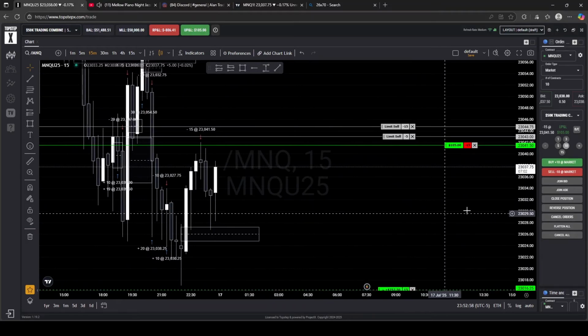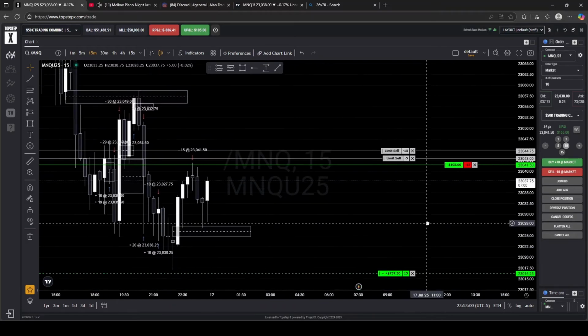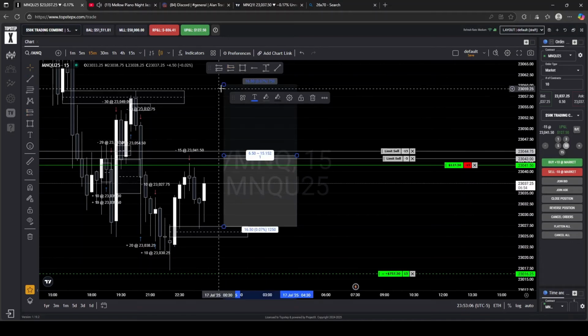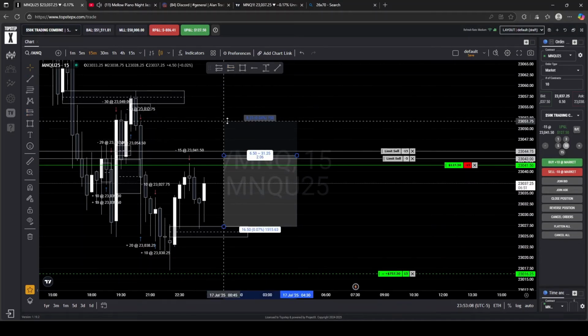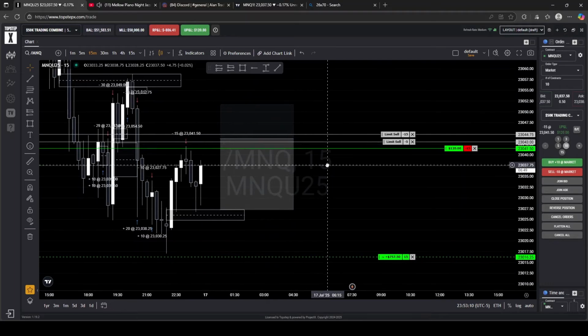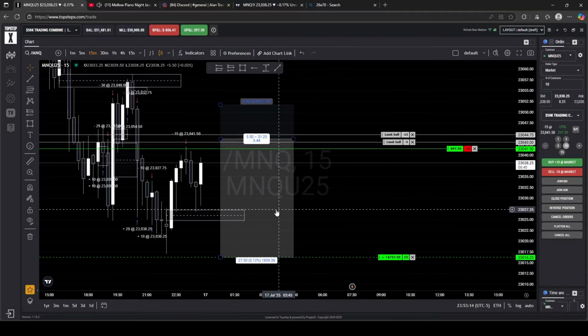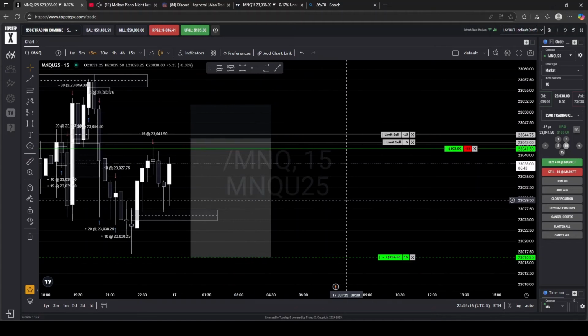For my stop loss would be right here. So my average would be somewhere around there. This would be my stop loss. Targeting a 1 to 3 basically.